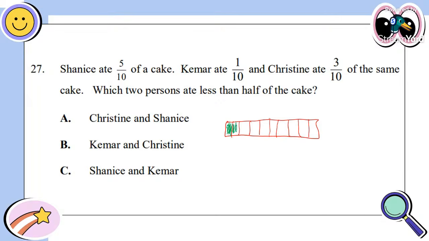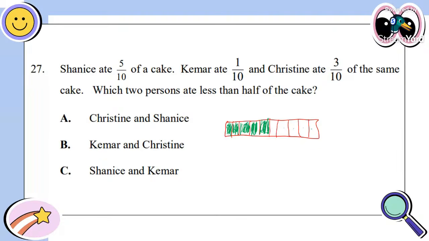So Shanice ate 1, 2, 3, 4, 5 out of the 10 parts. Let's see how many parts we have left. 1, 2, 3, 4, 5. So as you can see, Shanice ate half of the cake. So if it asks which 2 persons ate less than half, clearly Shanice cannot be in the answer because she alone ate half of this cake.